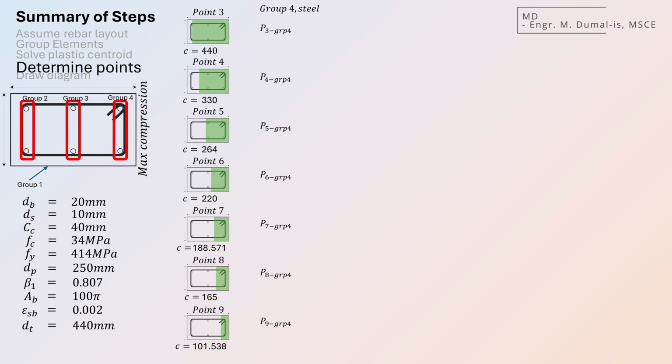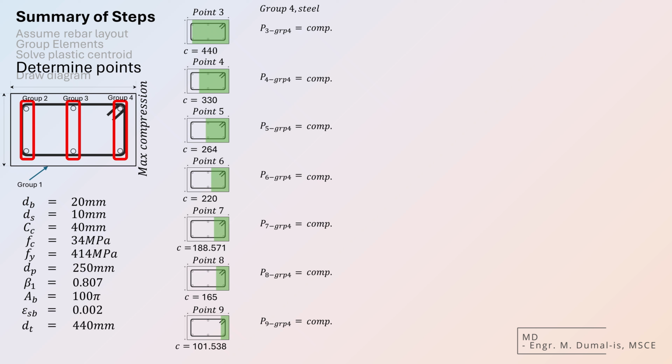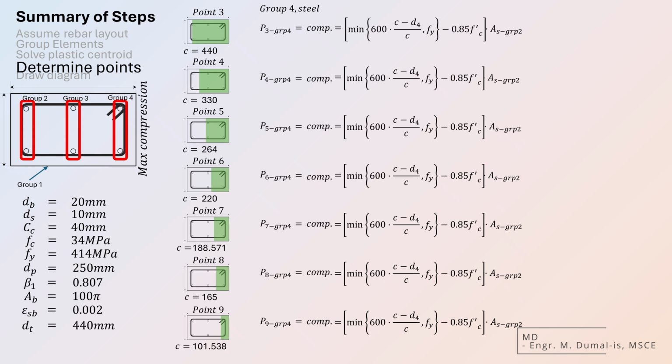Finally, we move to group 4, the reinforcements on the rightmost side of the section. Based on the shaded concrete compression region, group 4 remains entirely within the compression zone for all points. So we will use the same compression formula again for this group.